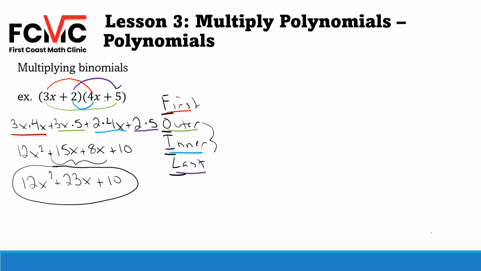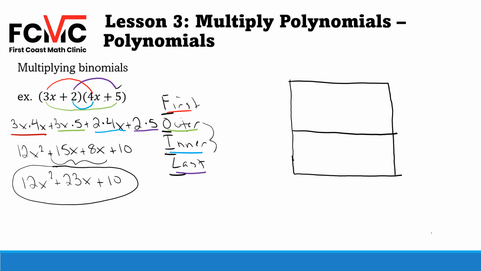There's another method that we could use to multiply these binomials, and that is the box method. So let me show you the box method as well. So for the box method, I'm going to draw a box, and I'm going to break the box up into 4 squares.